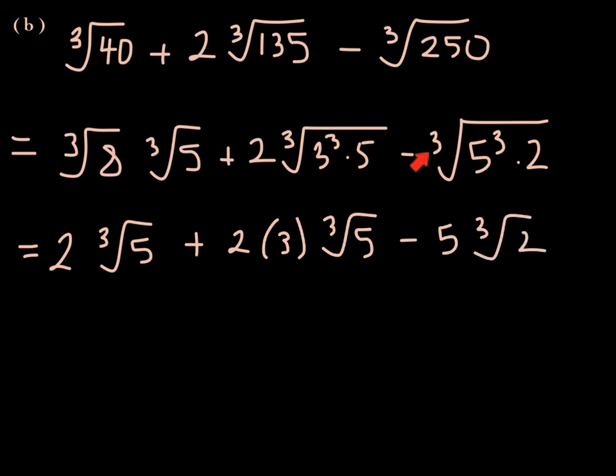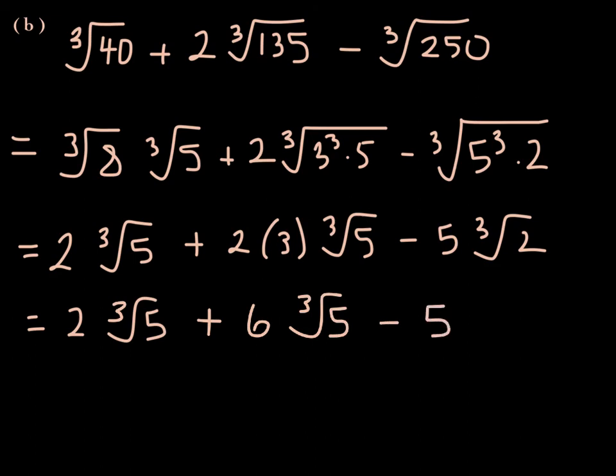Again, the cube root and the third power cancel. So then we have 2 times the cube root of 5, plus 6 times the cube root of 5, minus 5 times the cube root of 2.